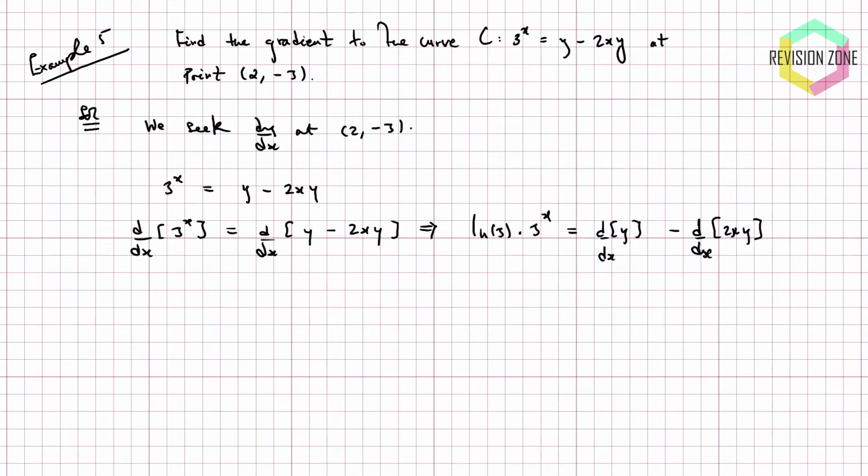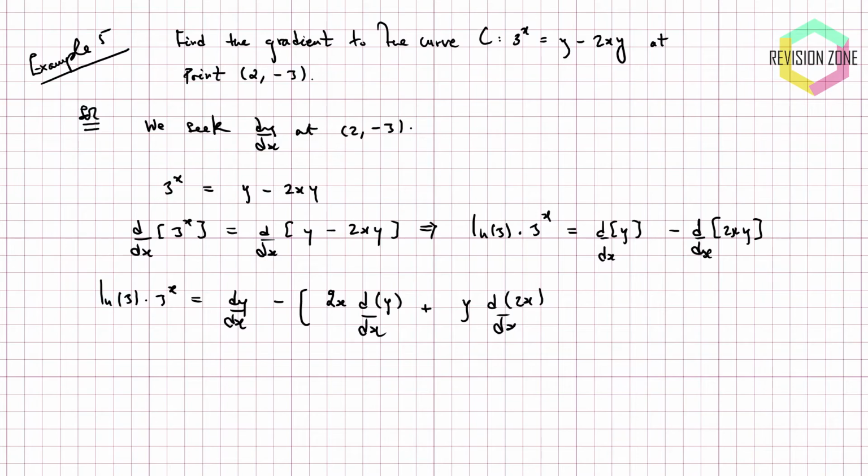Now, we know that dy by dx is just dy by dx, so I don't even need to worry about applying the chain rule or the implicit differentiation rule to that, even though I can. But the second thing is I've got a product, so I have to apply the product rule. The way we do that is we write down the first function, we differentiate the second function, and then we write down the second function and we differentiate the first function.